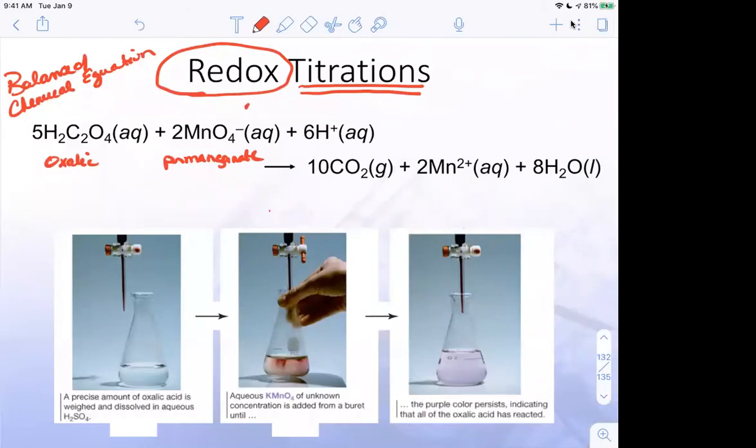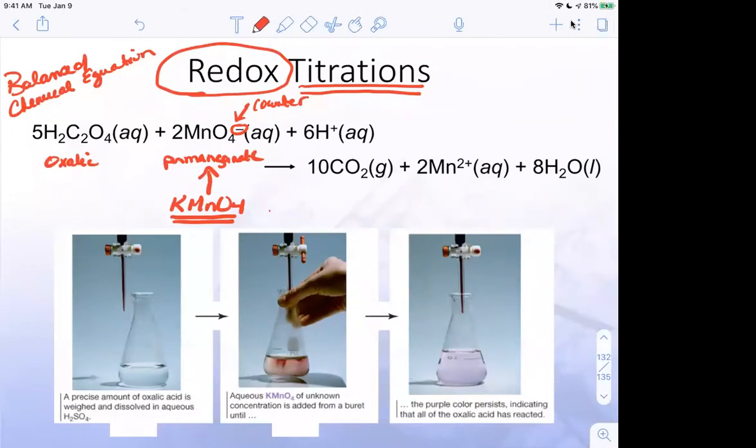Again, notice the counter ion is not provided. I know it has a negative charge. Usually this is because I have potassium permanganate, which is going to be the reactive compound. The potassium really doesn't matter; it just provides this permanganate ion in solution.